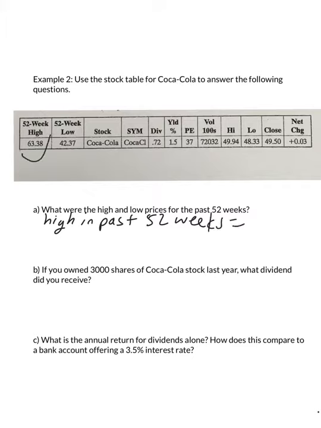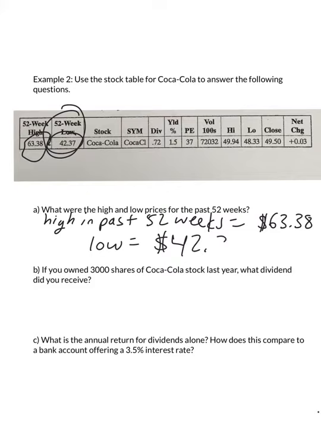Well, right over here, $63.38. And the low over the last 52 weeks is right after that. I'll just write low equals $42.37. And you would just type these answers right in. They'll tell you how to format it in the homework, but I don't think you need a dollar symbol. You will need the decimal point, of course.